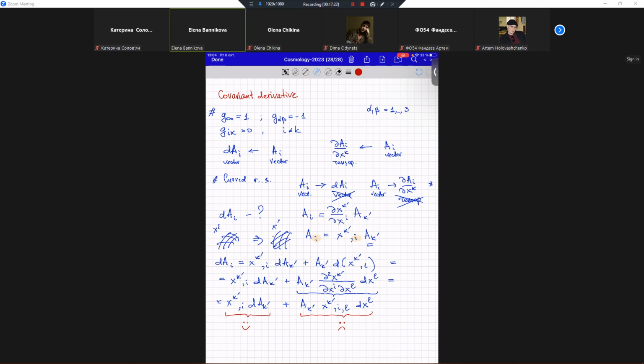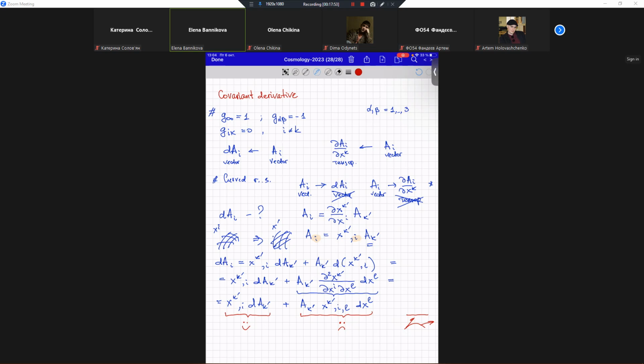Because when we consider the derivative of the vector, it means that we make a parallel moving of this vector to some point in its vicinity. But when we make this parallel moving, the components of this vector change in a non-linear way, so it's much more complicated.